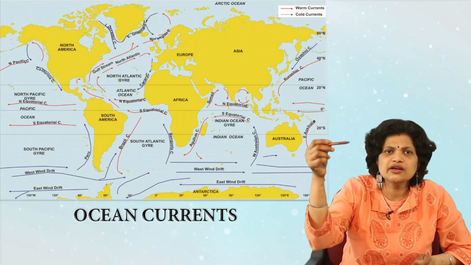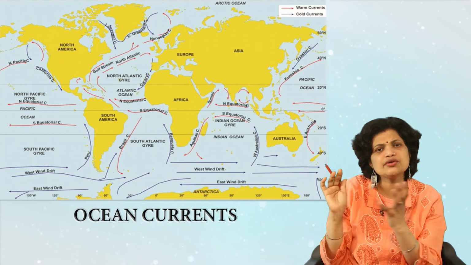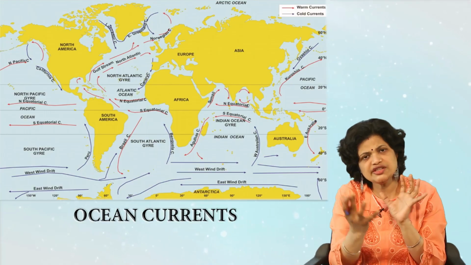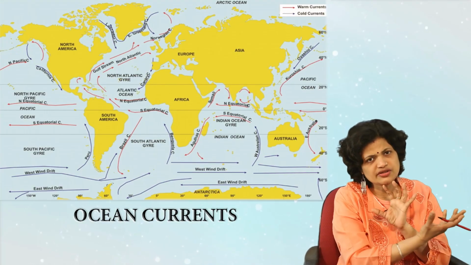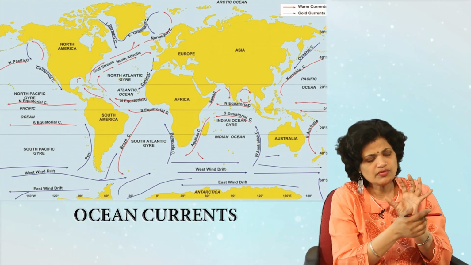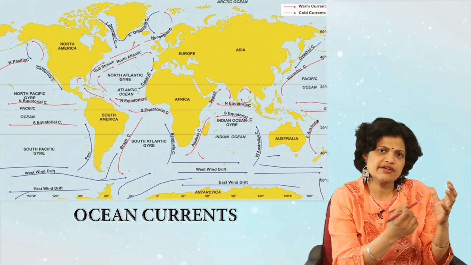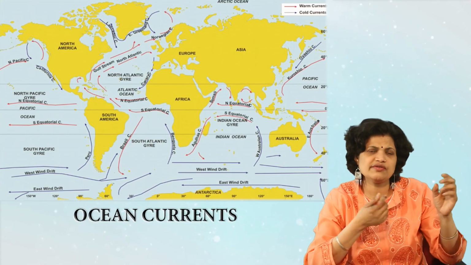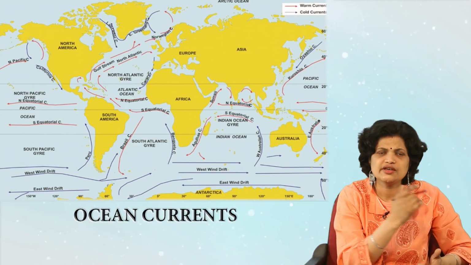You see, since the earth rotates from west to east, in this direction the earth is rotating, so oceanic currents will move in the opposite direction, that is from east to west.